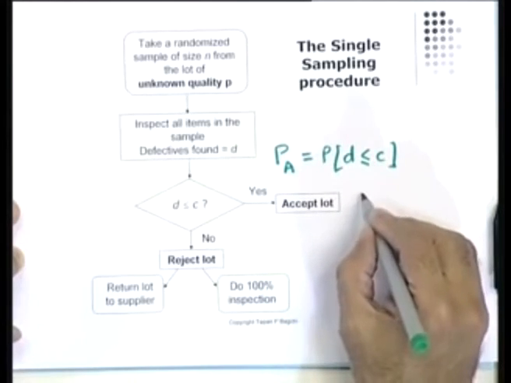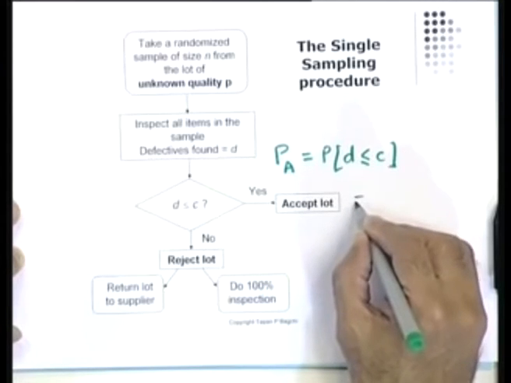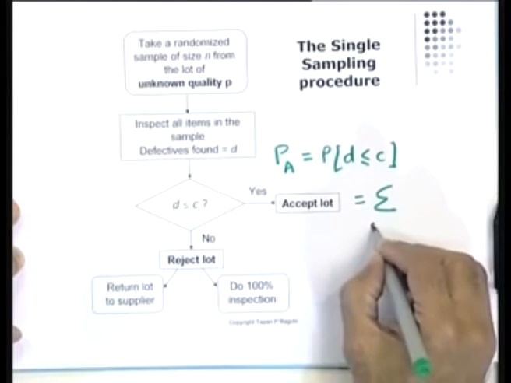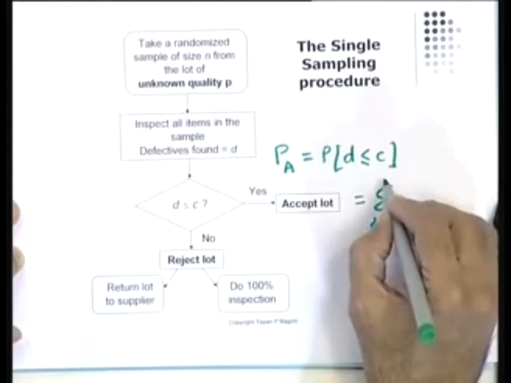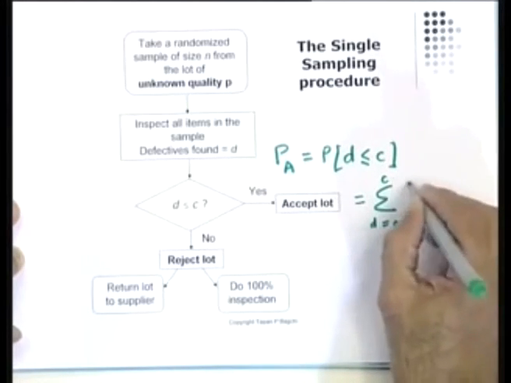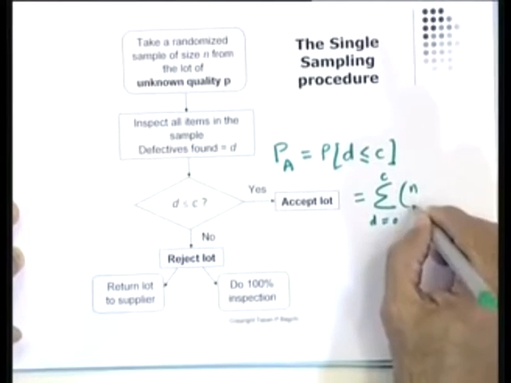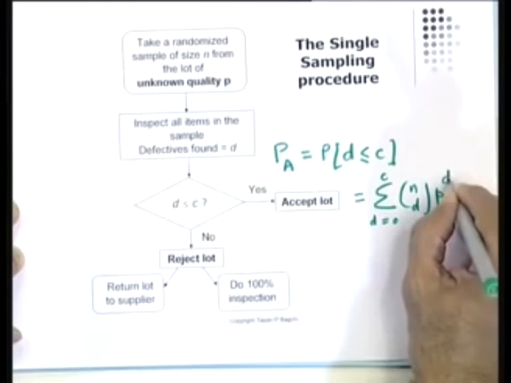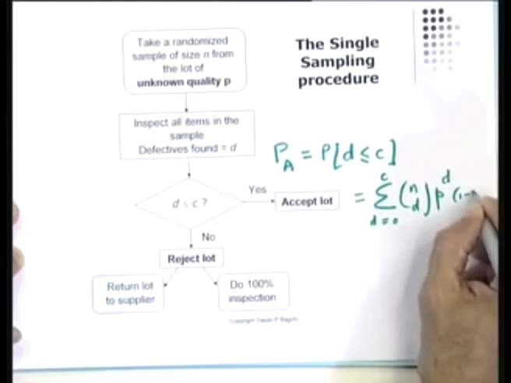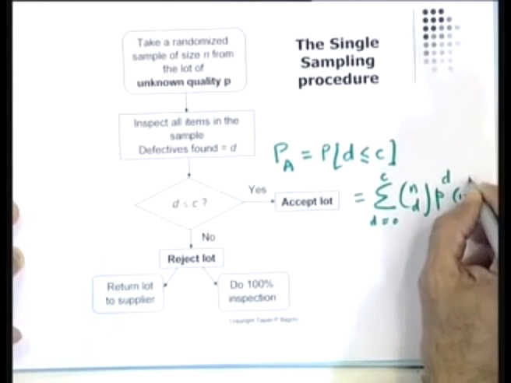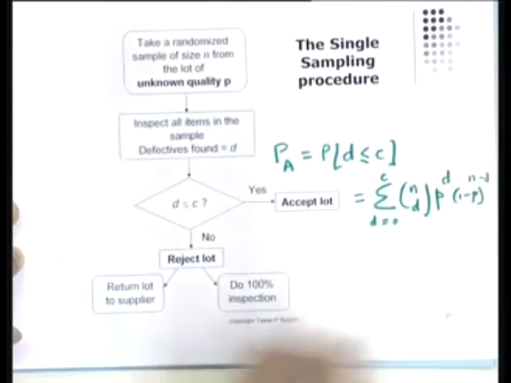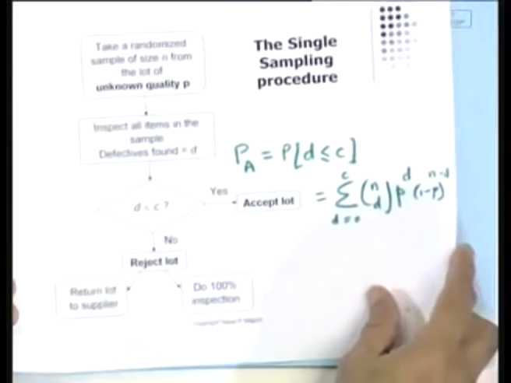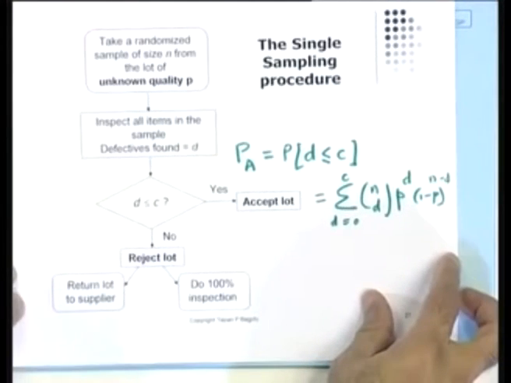Then there is a formula called the binomial distribution, which I am going to explain to you a little later. And that will be like this: the sum over D from 0 to C of N choose D, P to the power D, times 1 minus P to the power N minus D. This is a little formula. Let me move this paper a little bit so you can see it all.